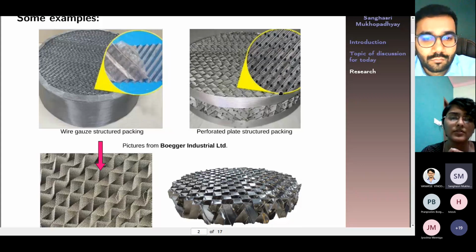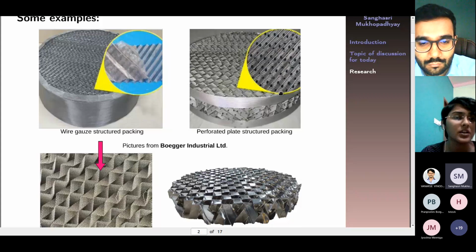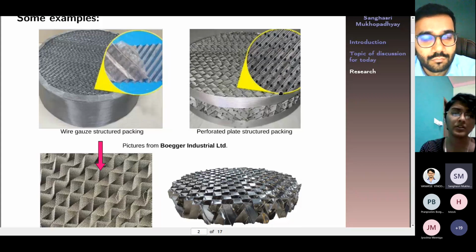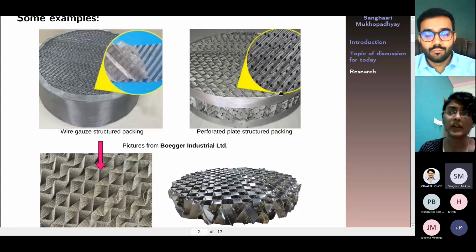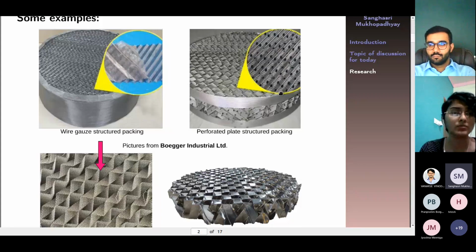In that case, we have some wire gauze structured packing. It may be nylon wire, metallic wire, or woolen wire. After that, they are woven to give thin sheets of the packing, and then they are corrugated, giving a particular shape of the packing one after another, to make it as per our need.